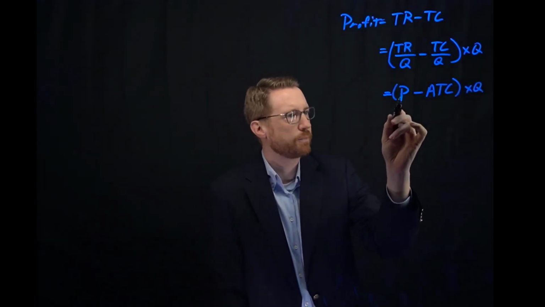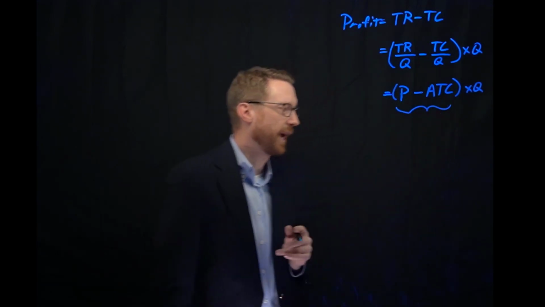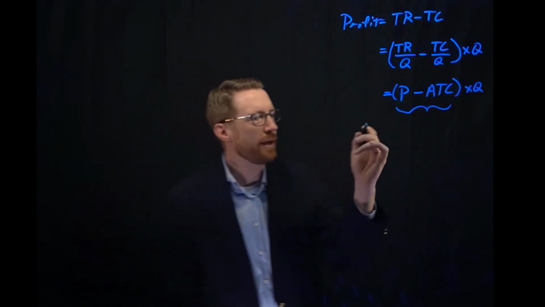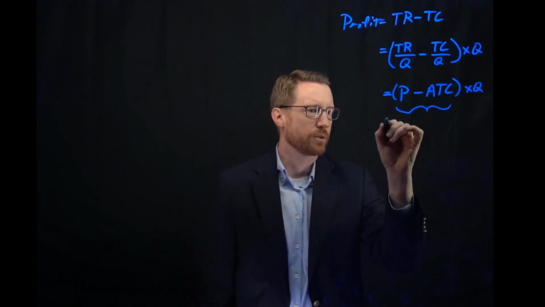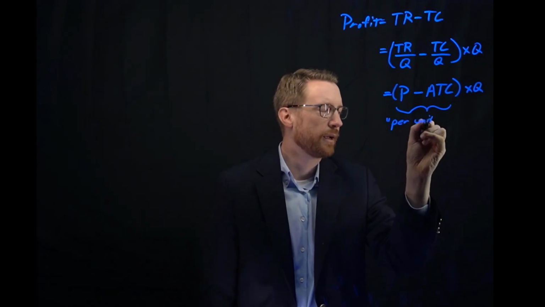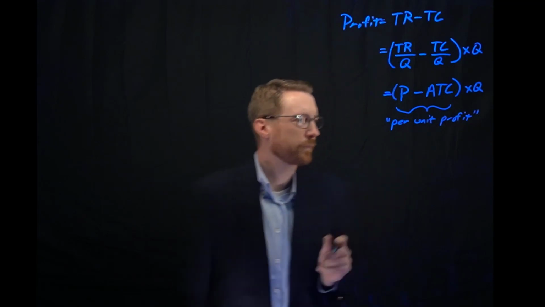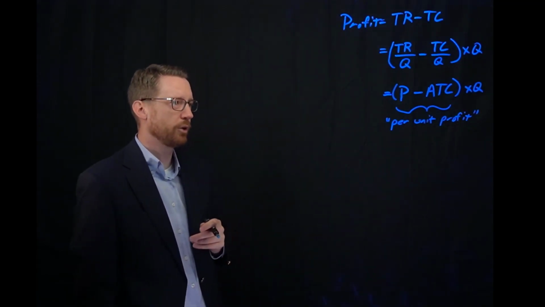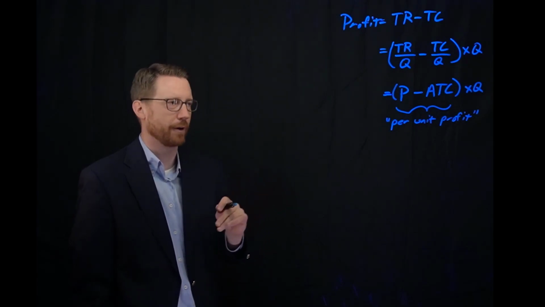So what is this price minus average total cost? This isn't a technical term, but you could think of it as a per unit profit. Again, remember, we're talking about competitive firms.